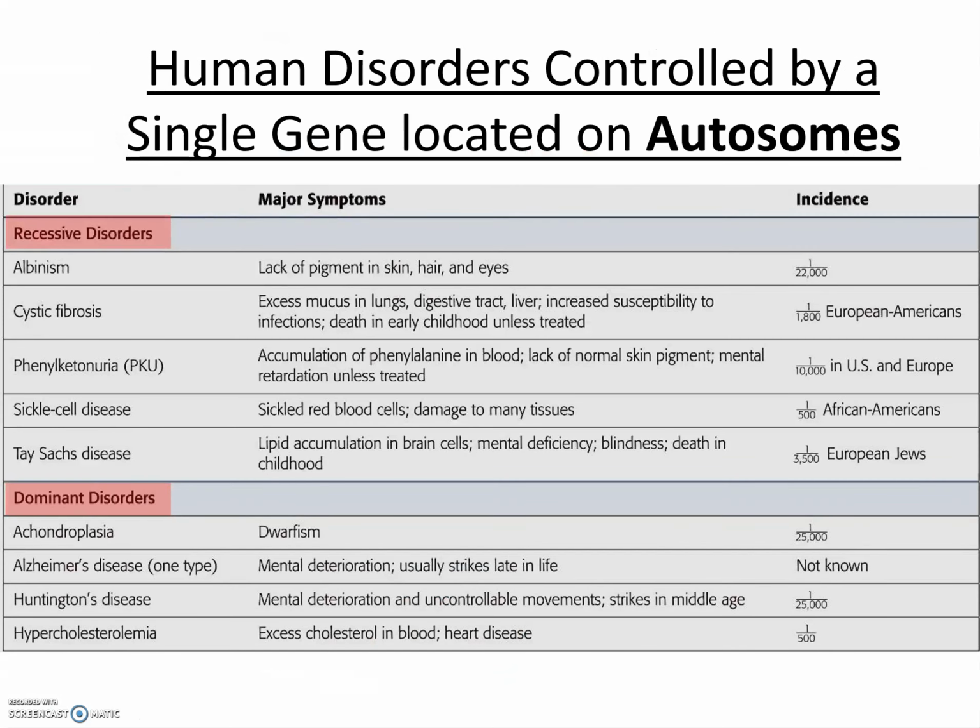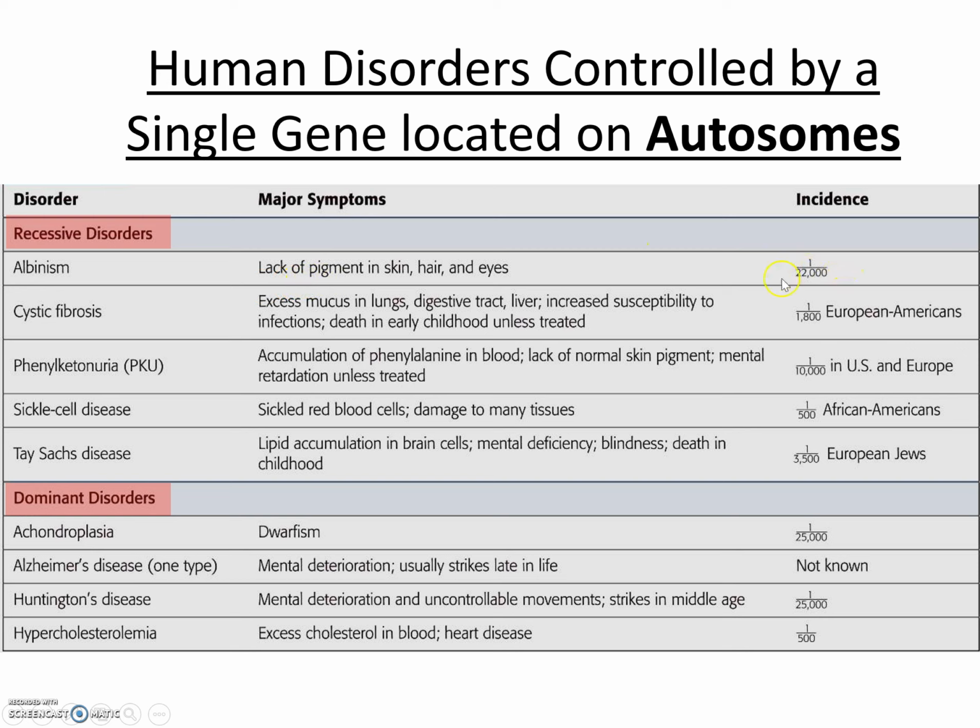So if we look at human disorders that are out there, we can find that a lot of these disorders are actually caused by a single gene that is located on autosomes. And we're more familiar with recessive disorders because these are the ones where we see the process. If you look at an albino, you can see their phenotype because they lack that pigment.